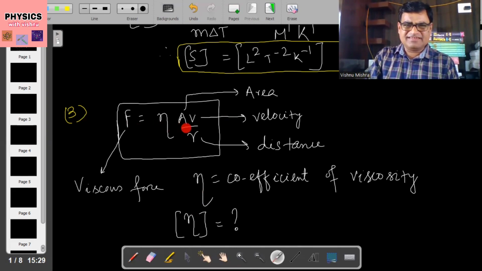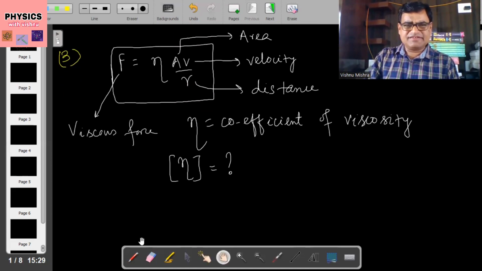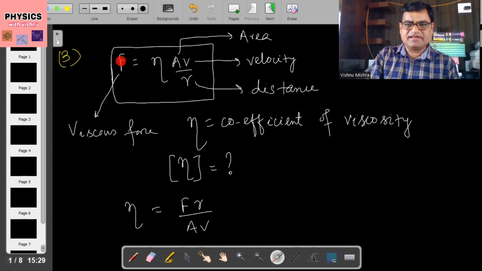You see the expression nicely. Only you have to put the dimension. So first eta you have to calculate. Eta is equal to FR by AV. Just in 8th class we have done this algebraic equation.